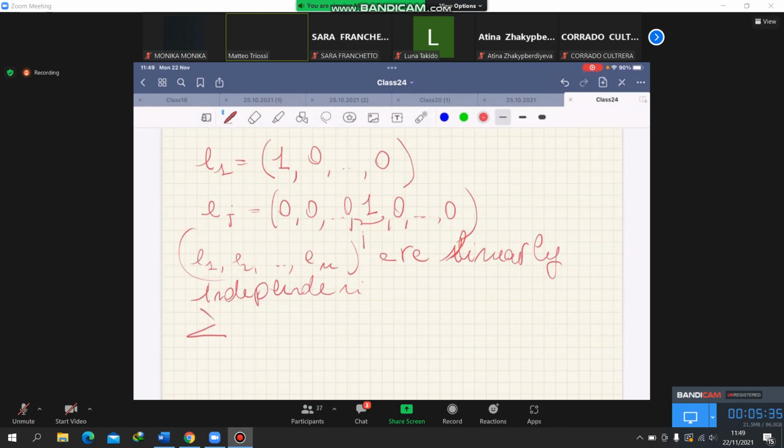Because the sum of lambda i Ei for i equal 1 to n is equal to the vector lambda 1, lambda 2, lambda n. And this vector is equal to 0 if and only if all coordinates are 0.